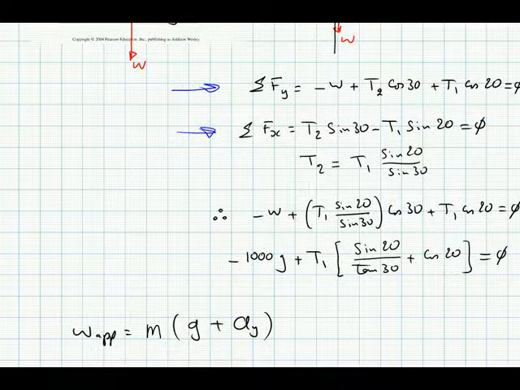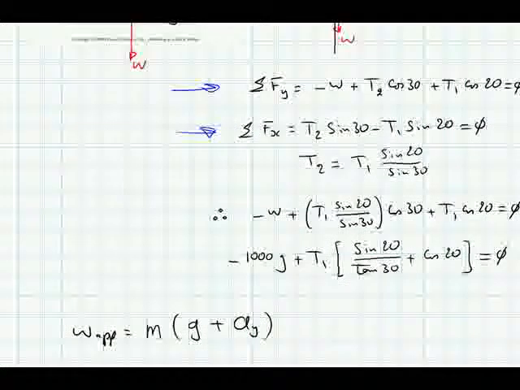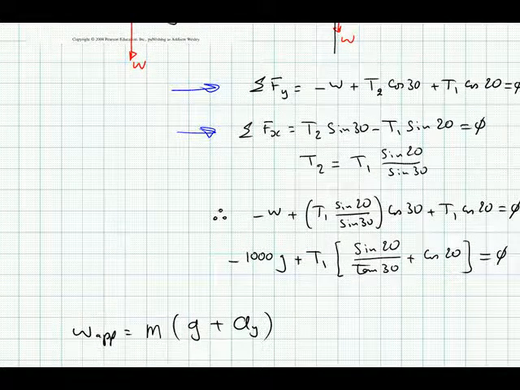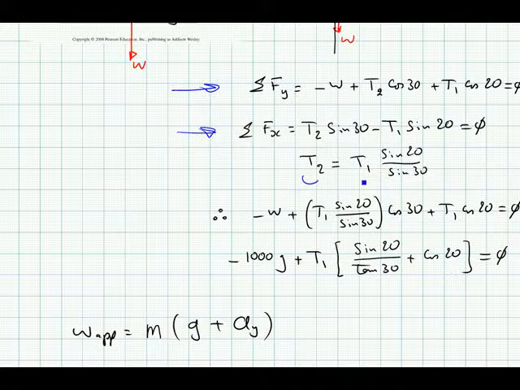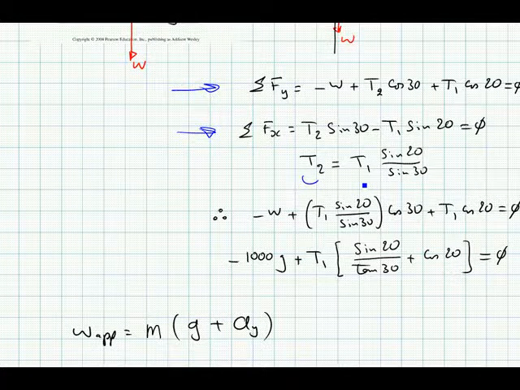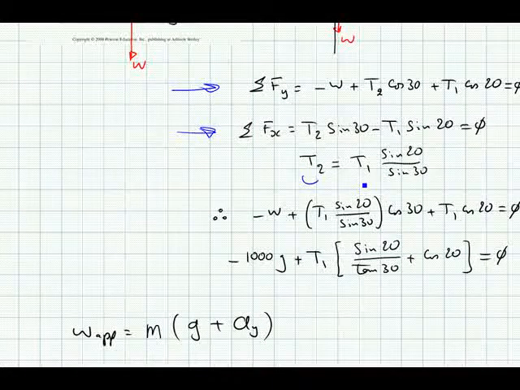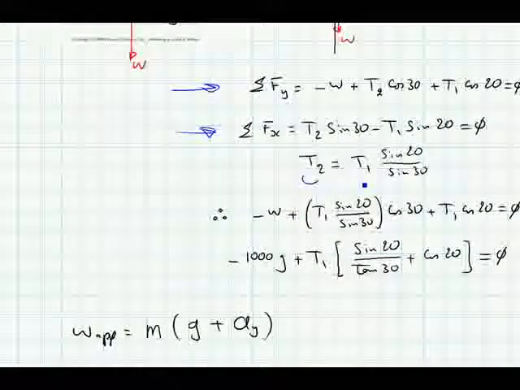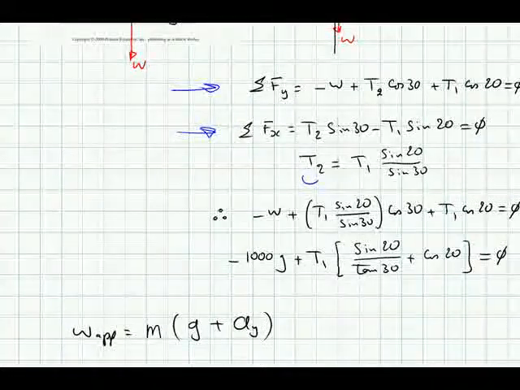So from these expressions you can now come up with an expression for T2 in terms of T1 by doing some algebraic maneuvers. This is a pair of simultaneous equations that you need to solve. So now you can go ahead and solve for both T1 and T2. I'll let you go through the algebra yourself. That's a trivial matter.